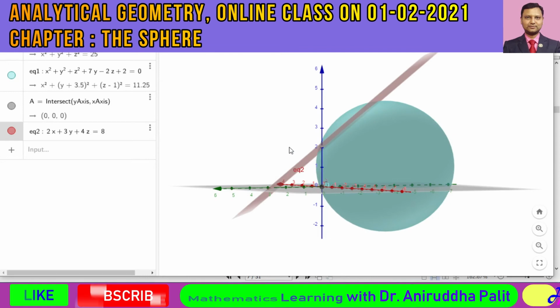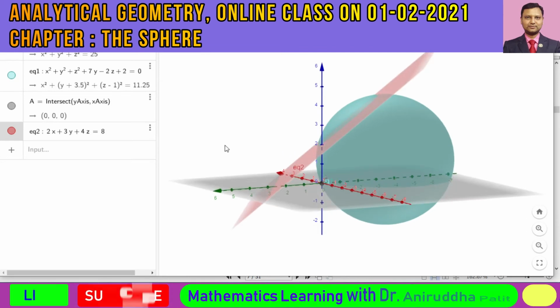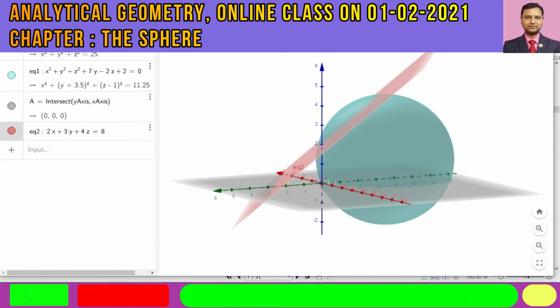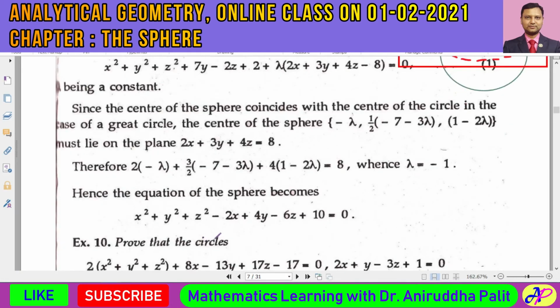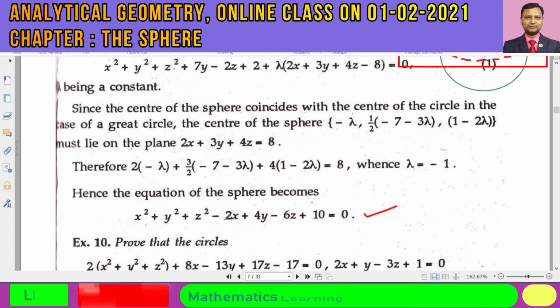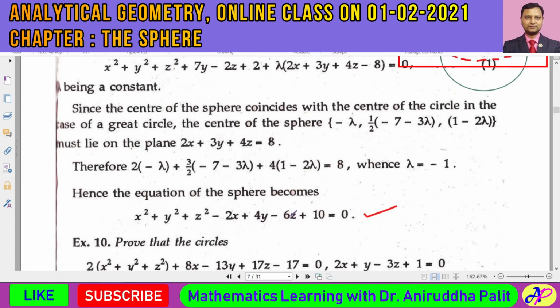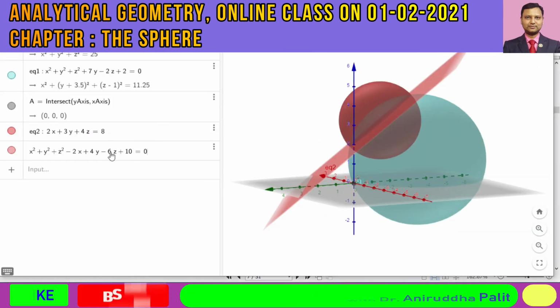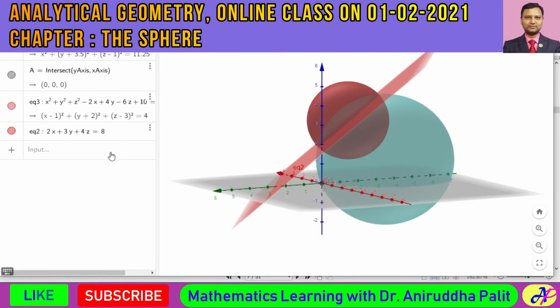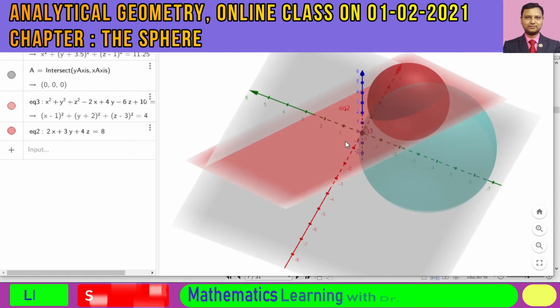Now how to find the sphere? We already computed the equation of this sphere. This is the required equation: x square plus y square plus z square minus twice x plus 4y minus 6z minus 2 plus 4 minus 6 plus 10. So this would be this red sphere.